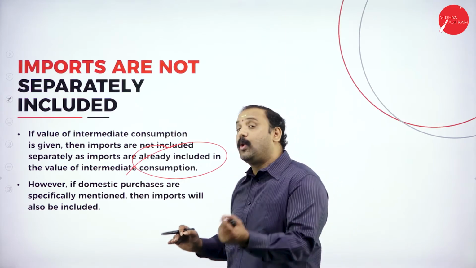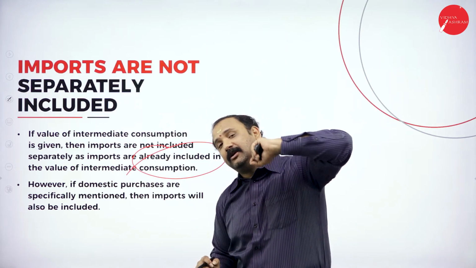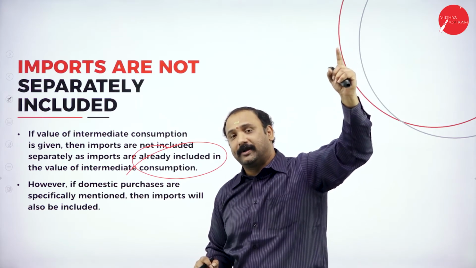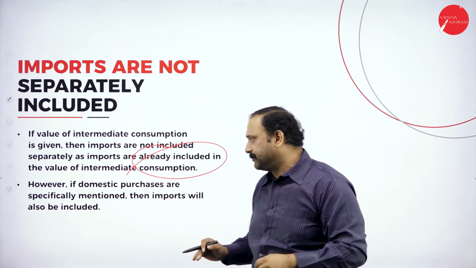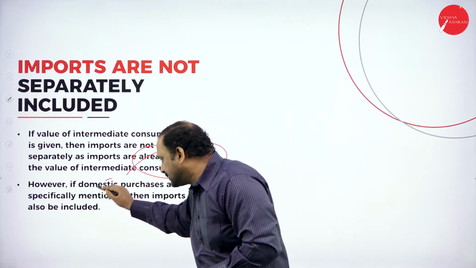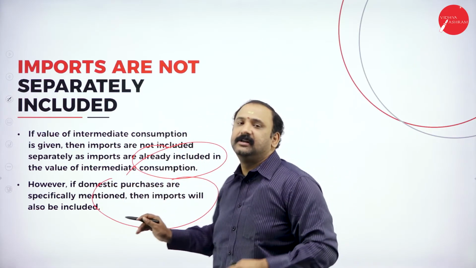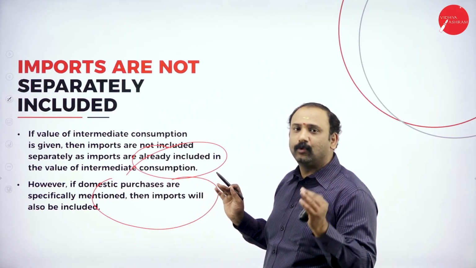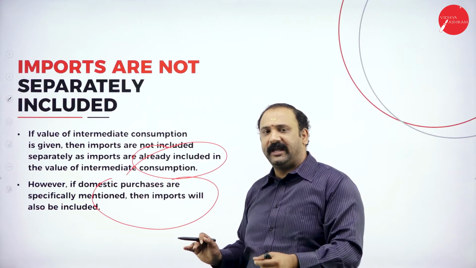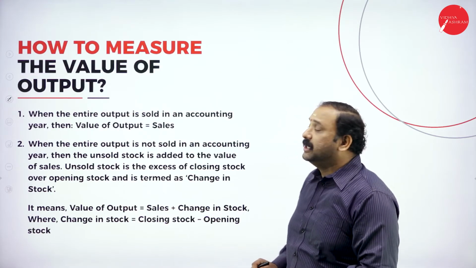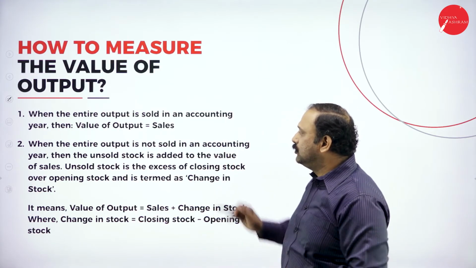The value of intermediate goods is already taken into account as a factor of consumption. However, if domestic purchases are specifically mentioned, then the imports will be included. Only in the case of a specific mention that it has to be taken do we bring it into the picture. Now, how to measure the value of the output?